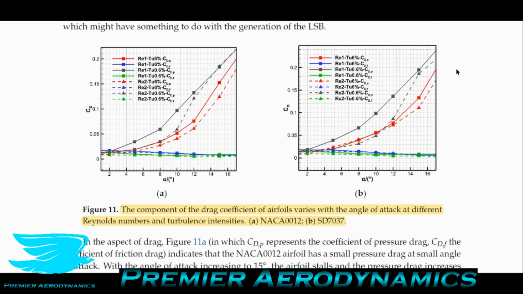So back to this paper and this idea of the turbulence intensity. So we've now covered how the turbulence intensity affects the lift, how it affects the drag, how it affects the components of drag. So I just want to quickly come back to the components of drag to explain them for those who don't know. So the drag coefficient is made up of a bunch of different components depending on what flow you're seeing.